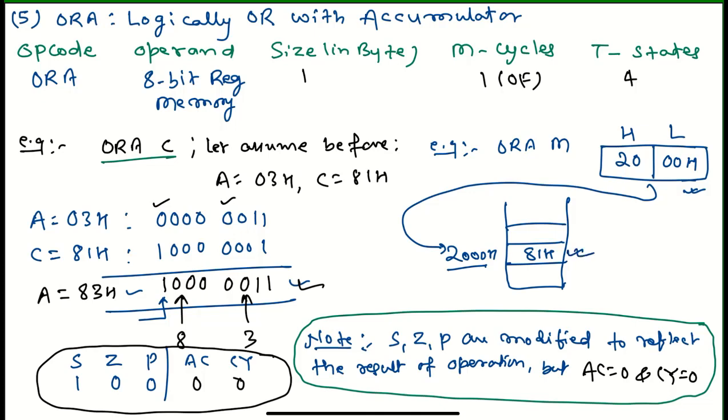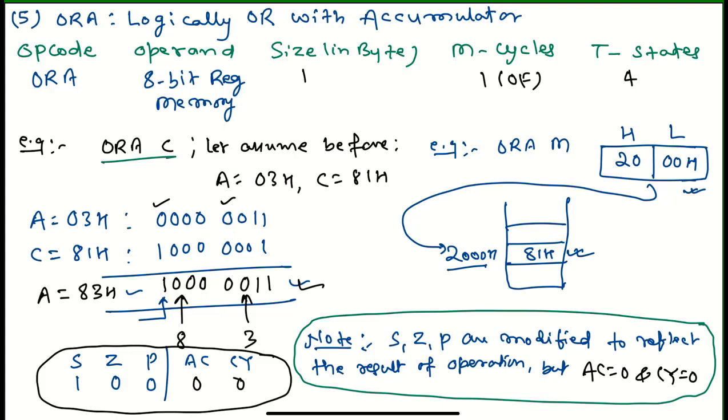So this 81H data will be copied, or transferred, from memory to processor, and then inside the processor the accumulator content and this 81H are going to have this OR operation performed, and after the operation the result will be stored into the accumulator itself without making any change to the data at this location.